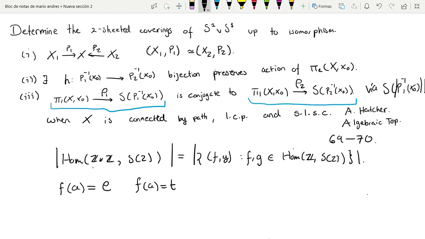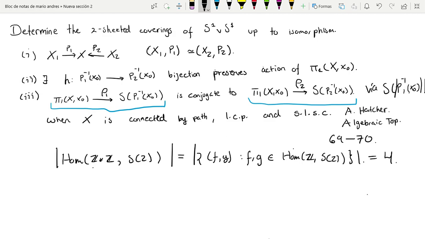By an analogous argument, G has only two options like that. So the cardinality on the right is 4. So at most, we have four actions of the fundamental group on the S2 group.